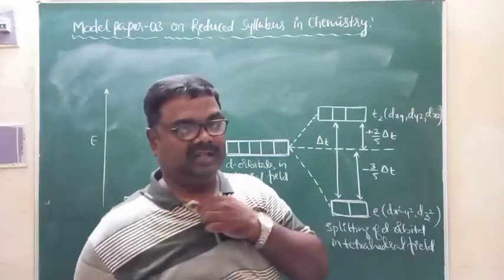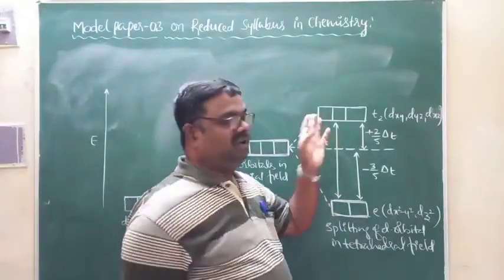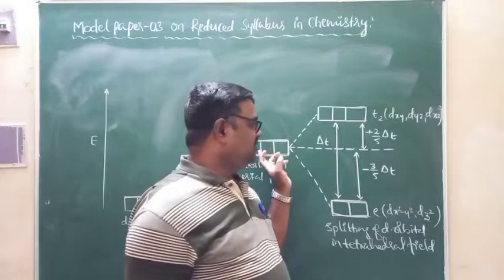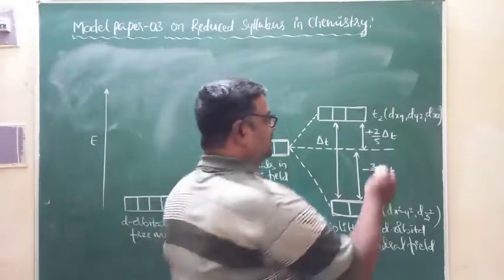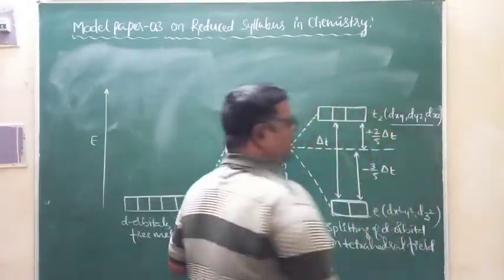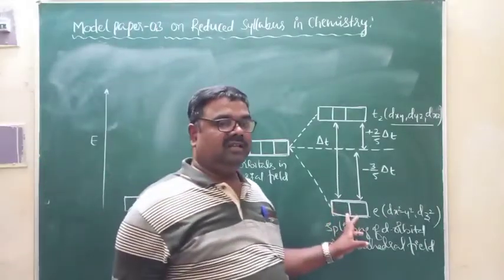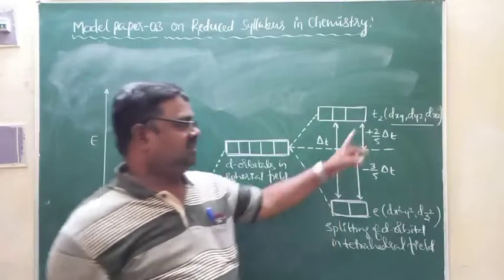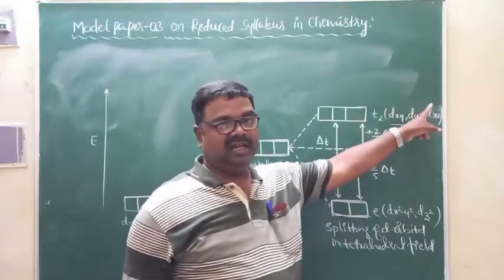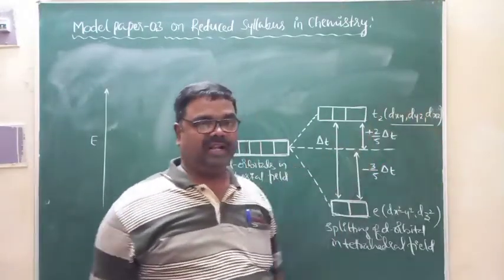The reason is quite clear: in the case of tetrahedral field, the T2 set d orbitals will experience more repulsion compared to the E set orbitals, because dxy, dyz and dxz are in between the coordinate axes.